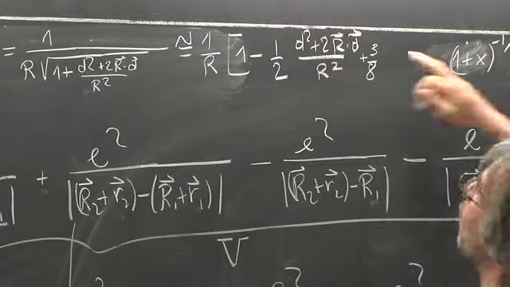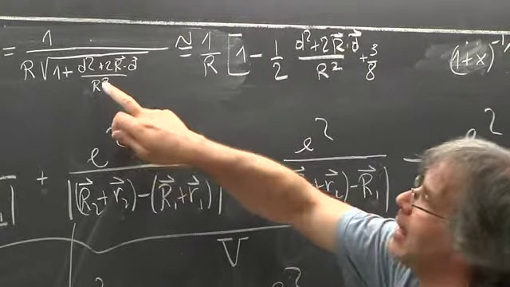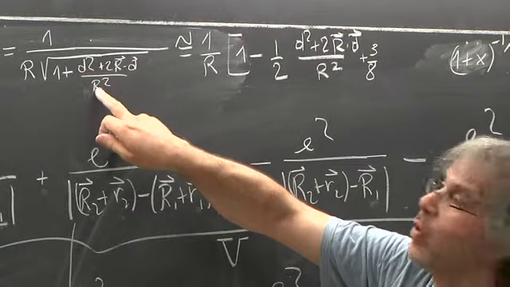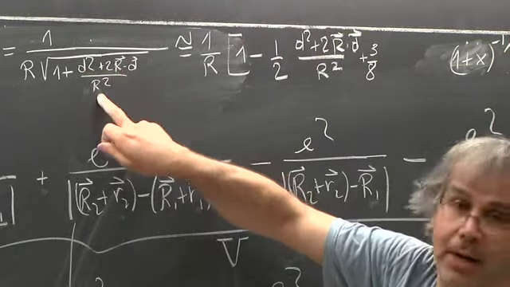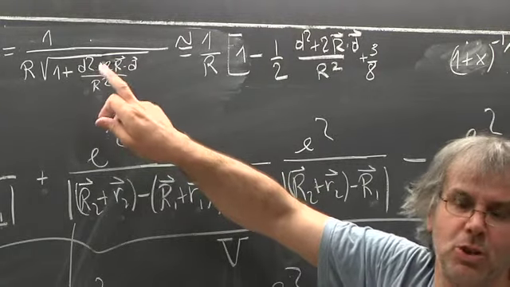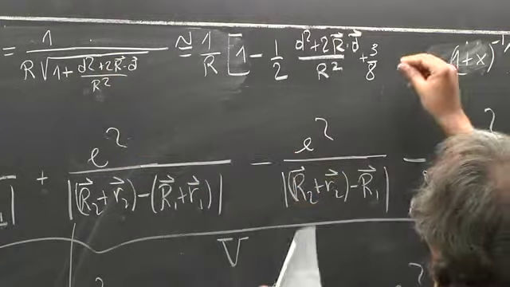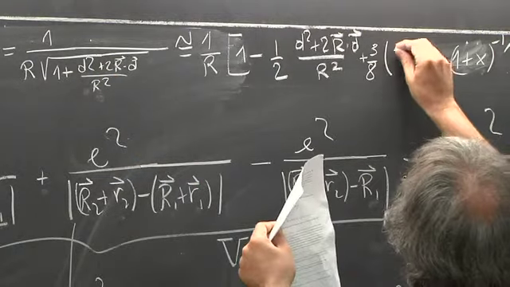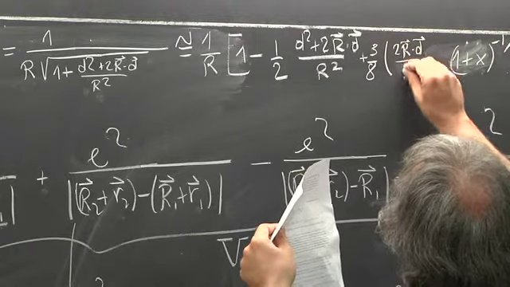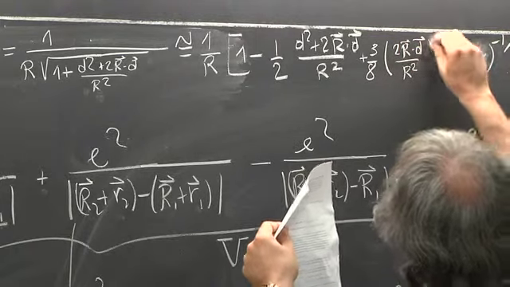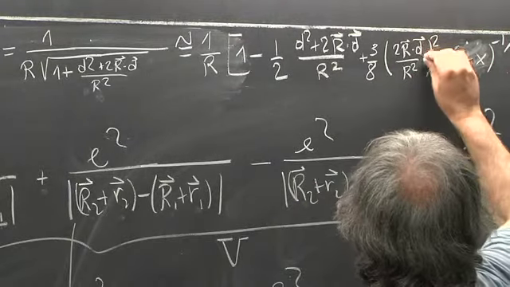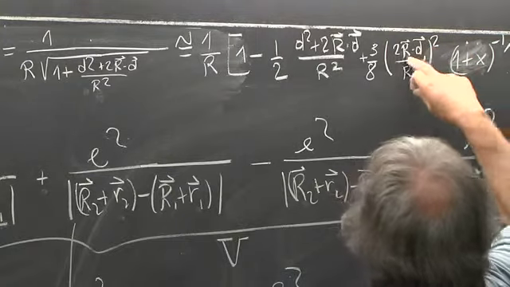In principle, I have the square of this. But look carefully. The first term is 1 over R squared. The second term is 1 over R, okay? So the second term is really the big one. The other is quite smallish, okay? So really, I can just keep the 2R dot D over R squared and square that only, okay? There would be other things, but these are smaller than this.